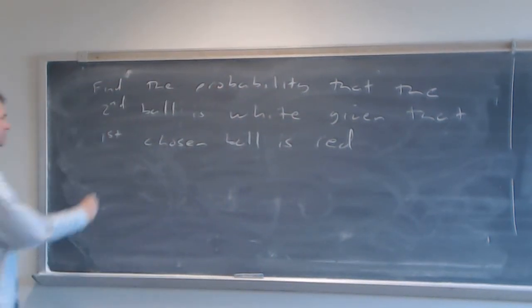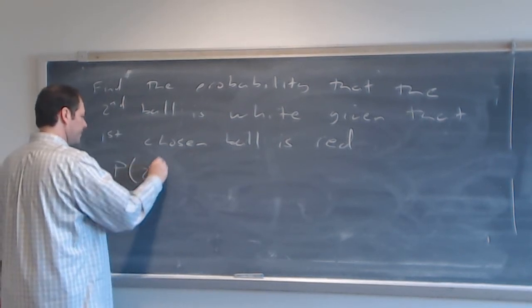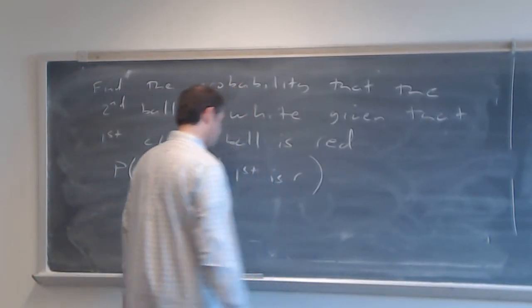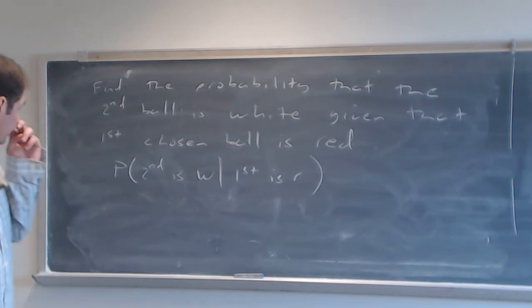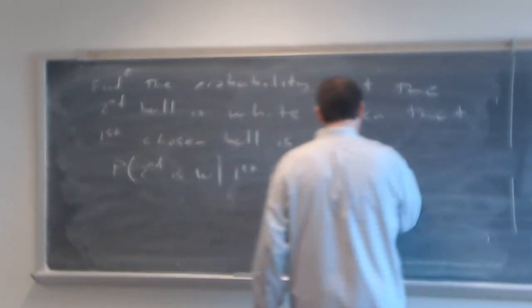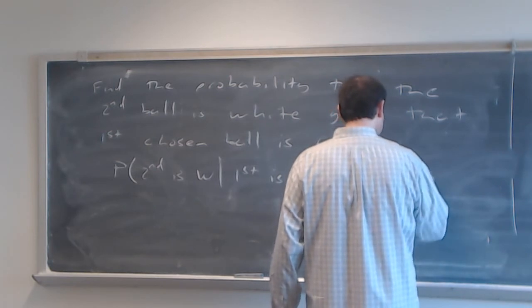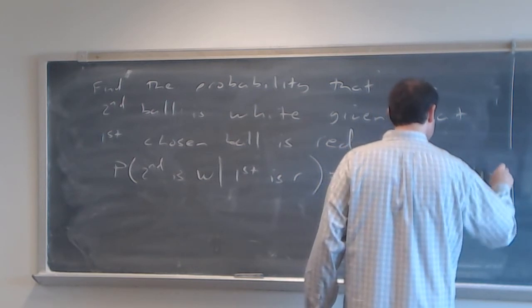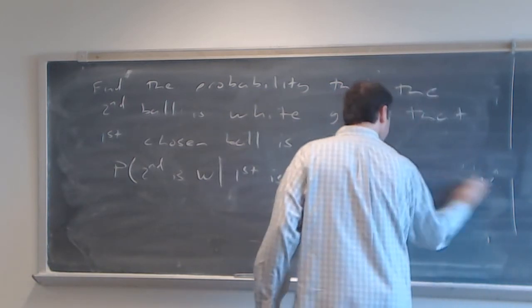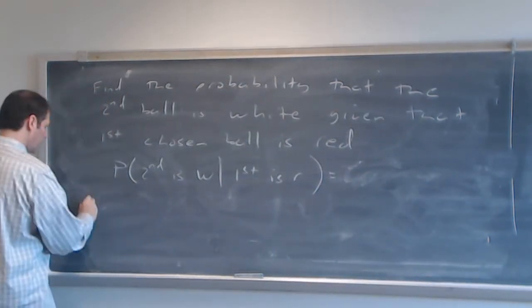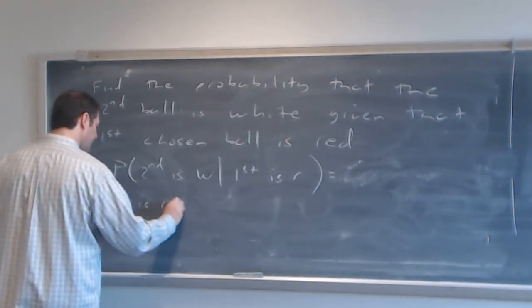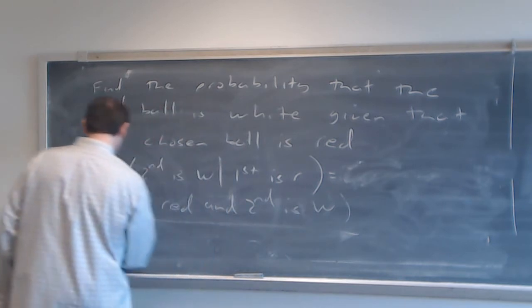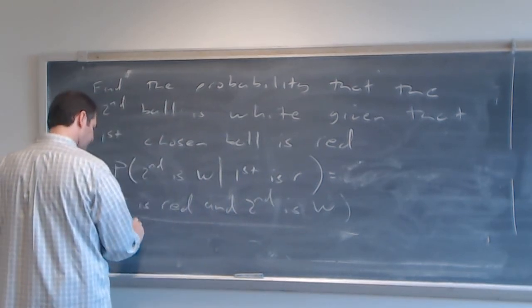So in terms of our notation, the way we represent this is the probability that the second is white, given first is red. And by definition, this is the probability that the first is red and the second is white, over the probability that the first is red.